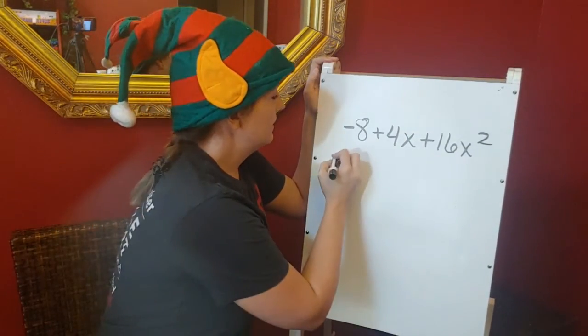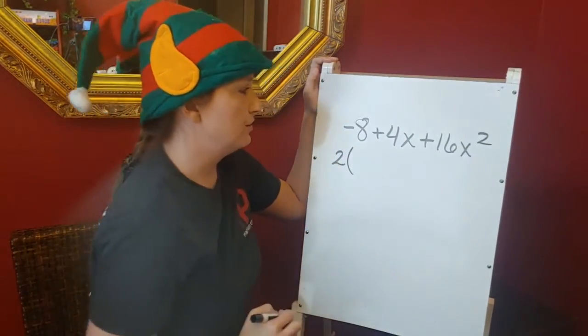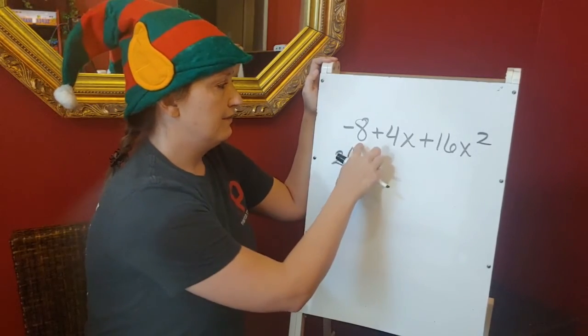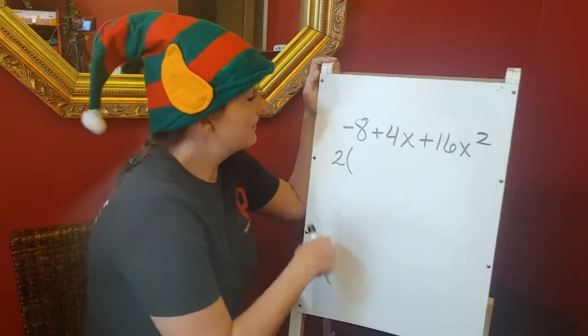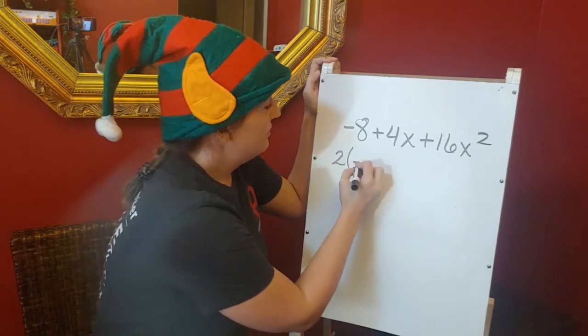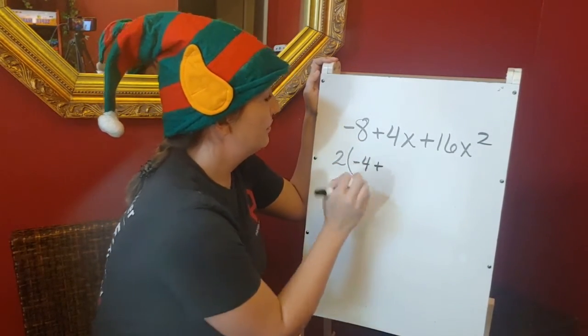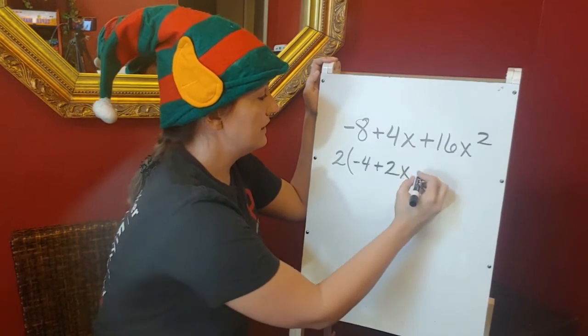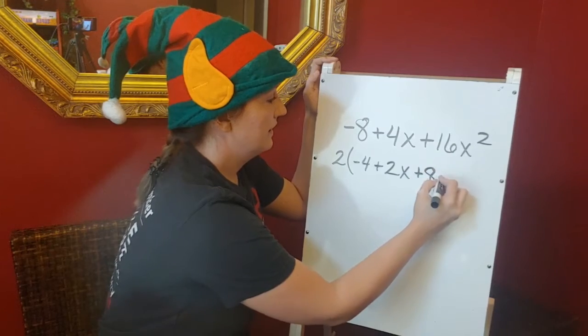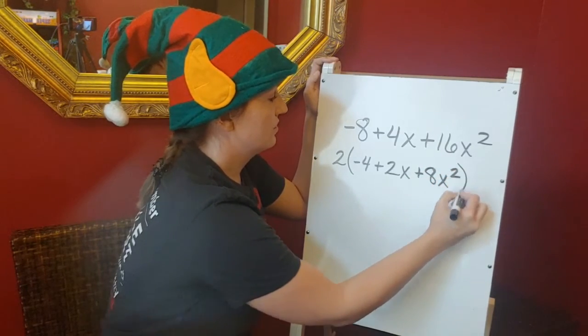So I'm going to start by factoring out a 2. Now that negative 8 doesn't have a variable on it, so I don't have to worry about factoring out variables. But negative 8 divided by 2 is negative 4, plus 4 divided by 2 is 2. Don't forget your x, plus 8x squared.